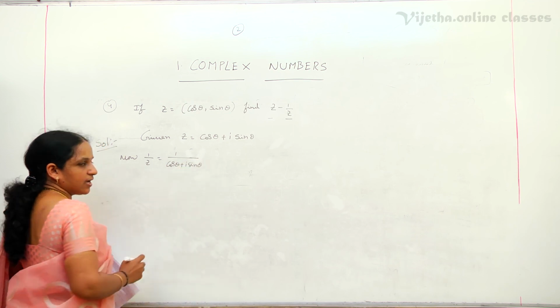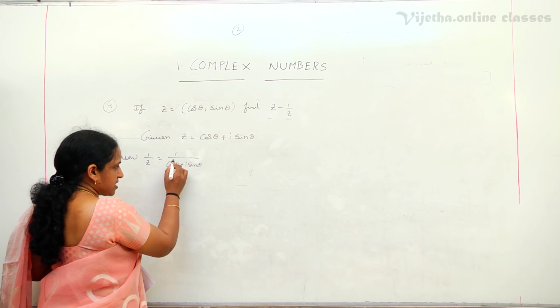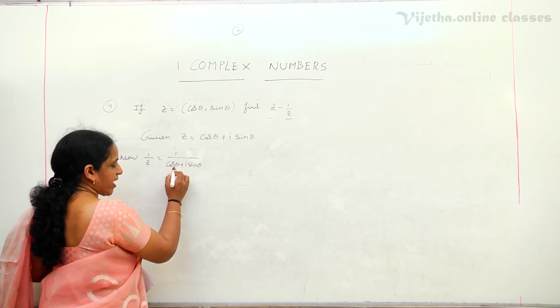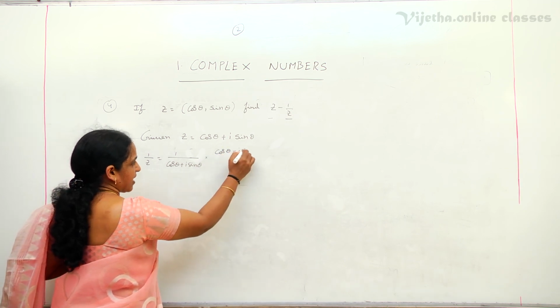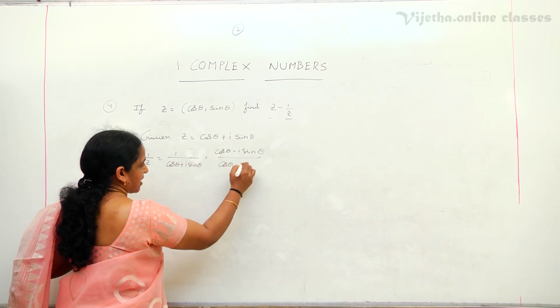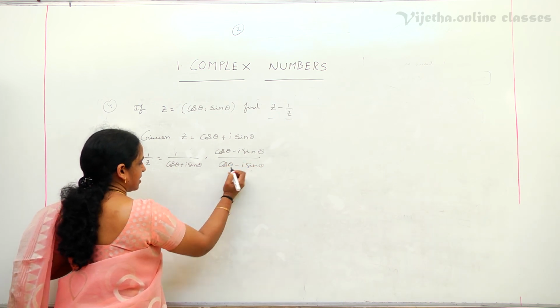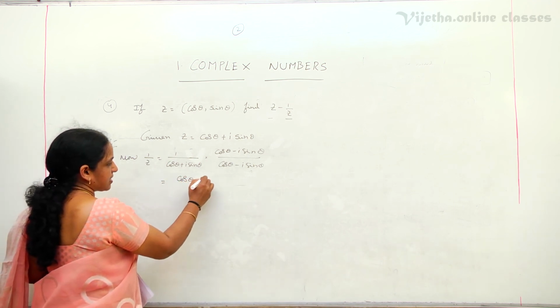Now multiply and divide with the conjugate of this complex number. The conjugate is cos theta minus i sin theta. So we get cos theta minus i sin theta by cos theta minus i sin theta.